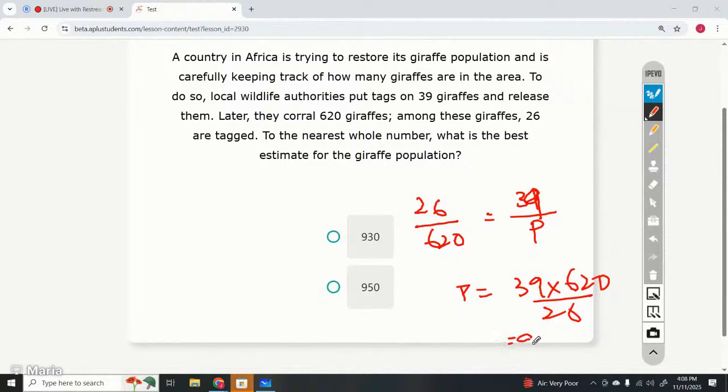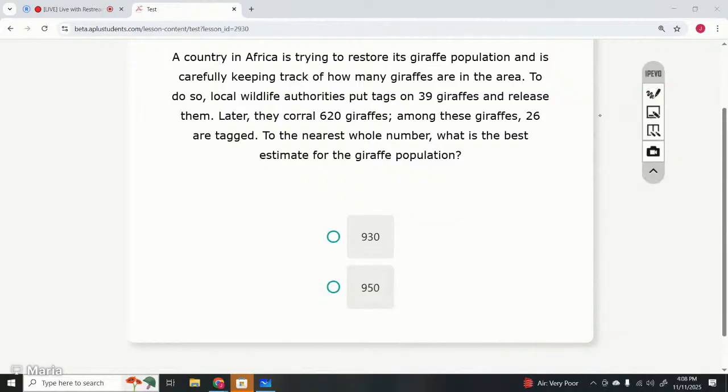So that is 930. That means out of 930, 39 were marked. That is 930. Option number 1 is the correct option.